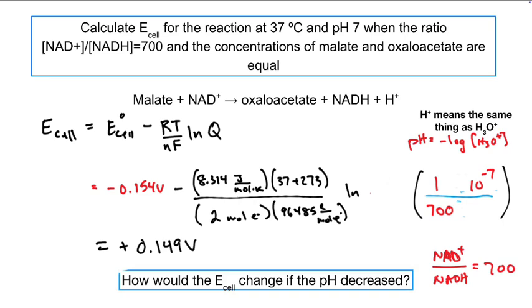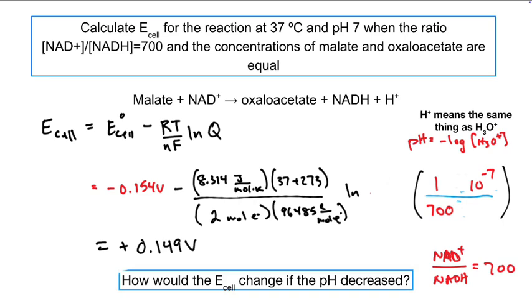So if you know NAD plus and NADH, are they equal? Or the ratio, we know the ratio. We know the ratio in this case, yes. So should we just blanket assume that the malate and oxaloacetate are always equal to each other? No, we didn't assume it at all. How do we know that?